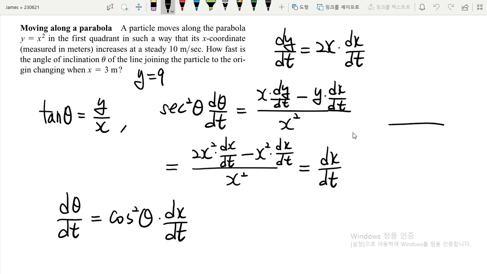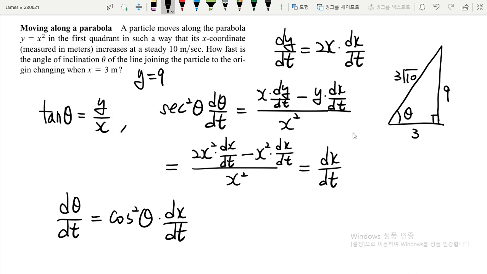So if we make the right triangle, when x is 3 and y is 9, what's the length of the hypotenuse in this right triangle? Yep, so that means 3 times square root of 10.